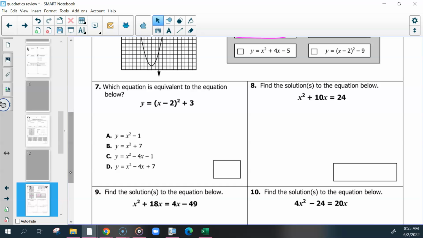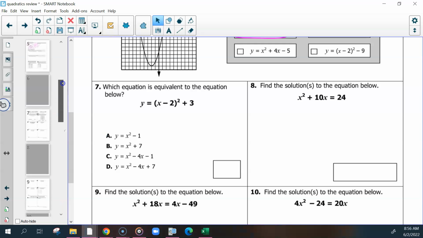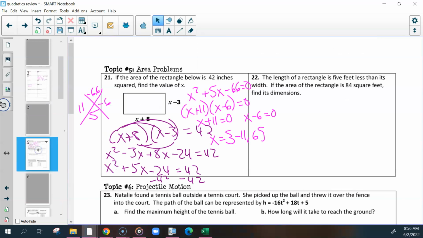I would say grab this one and grab this one. Two of them are going to overlap, not all of them. 16 on the second page, my second page, that's not your second page.